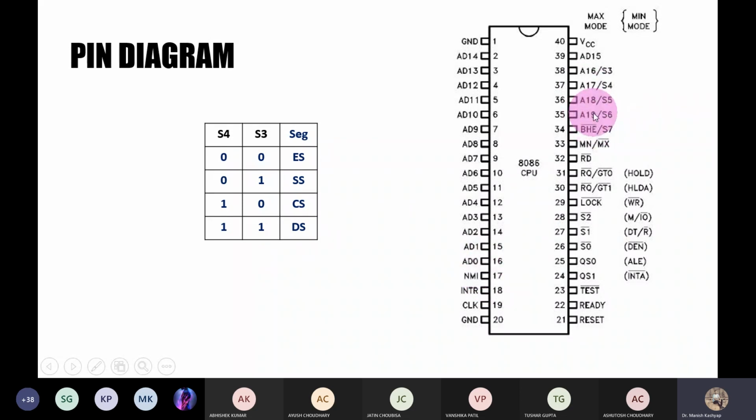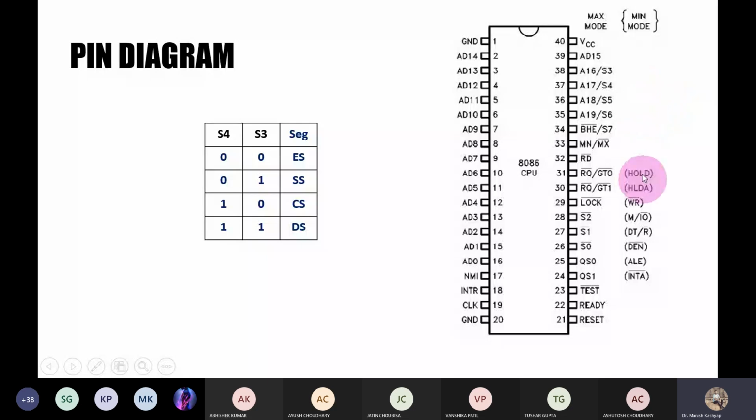After this address has been given, when the data bus is getting operational, AD0 to AD15 bits are getting used. It should also be known to the processor which segment it is working with. So these S3, S4 pins will be telling the processor which segment is getting used.